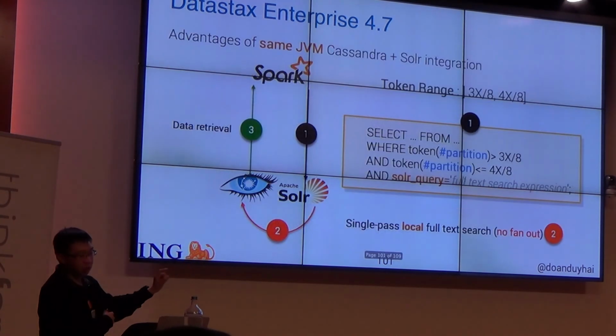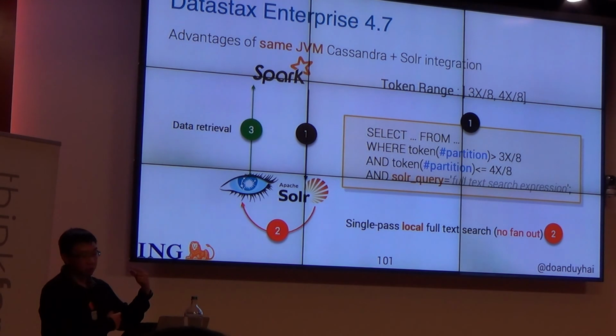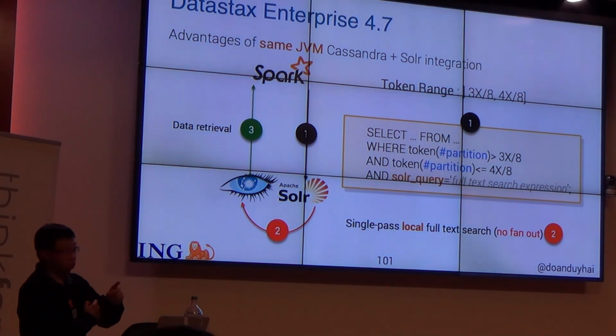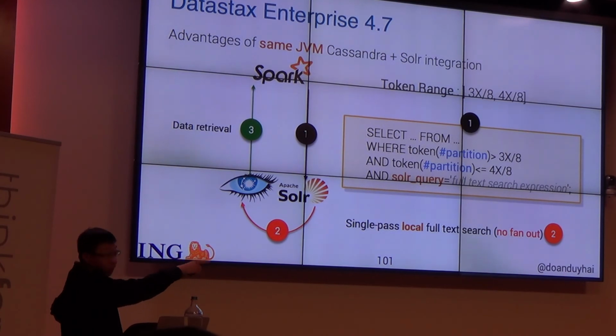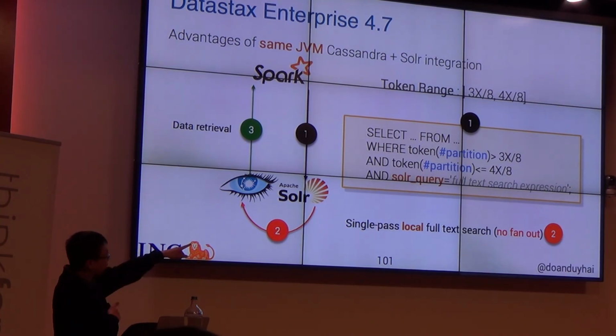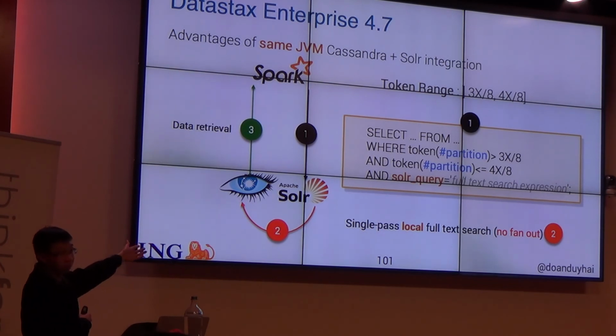Since it is distributed, the Spark connector will generate this query. So you still have the Solr query predicate for full text search, but this time it will be restricted to some token range. And in fact, this restriction means that the Solr query will be done locally.